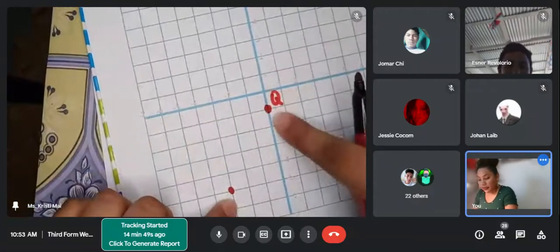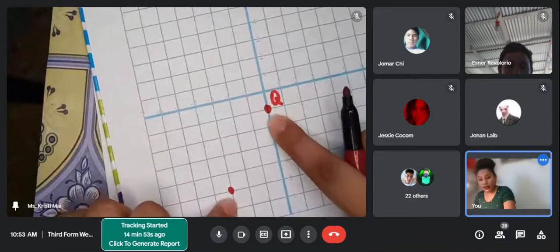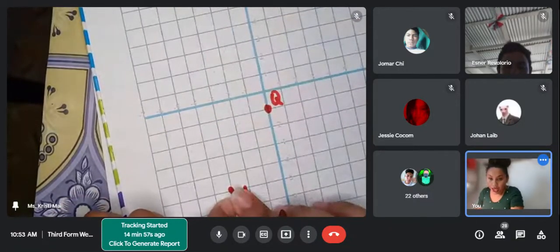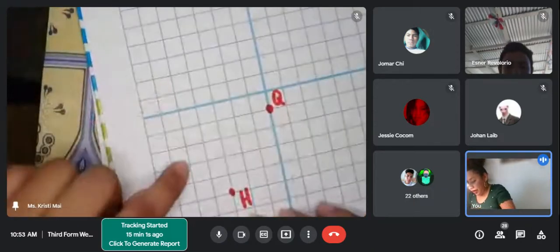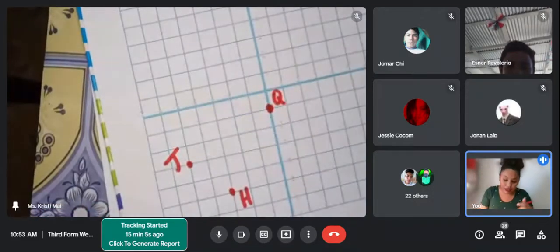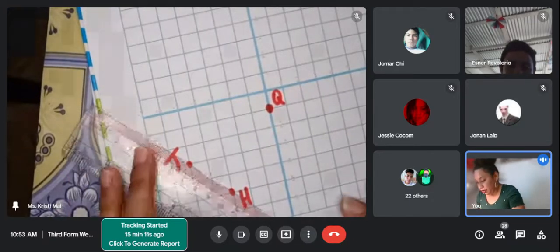So Q is right here. You have 0, -1. Then you have point H at -3, -5, and then you have J at -5, -3. So make sure that you have these plotted, because if you don't have the original image correct, then your rotation will not be correct either.